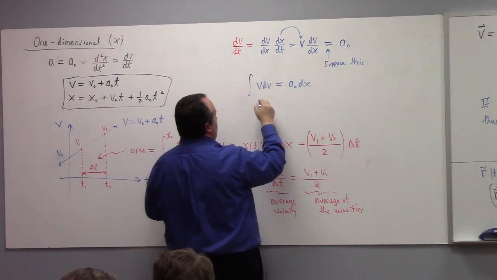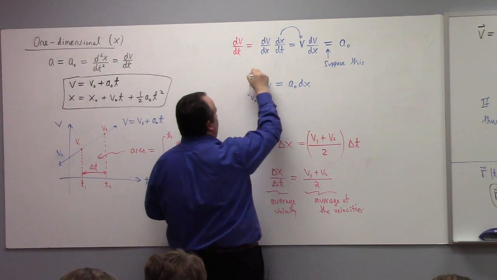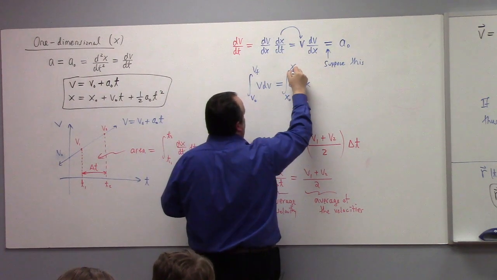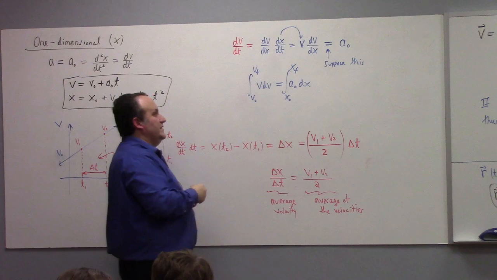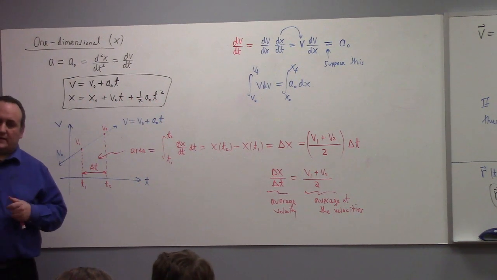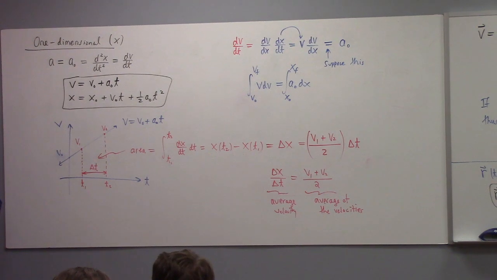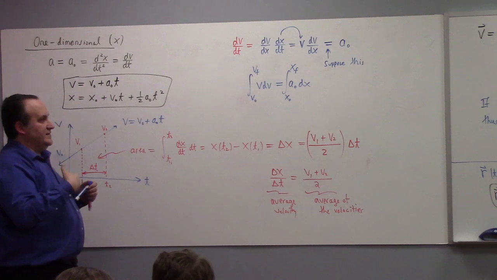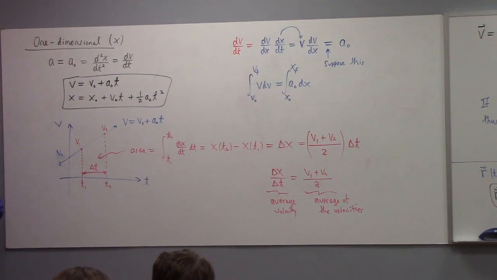It's customary when we do that to integrate from v naught to vf, and integrate this from x naught to xf. So that's the change of variables theorem. If on the left-hand side I'm integrating with respect to velocity, on the right-hand side I need to integrate with respect to position. These are matching, they're tied together, right? The velocity at position x naught is v naught. The velocity at position xf is vf.